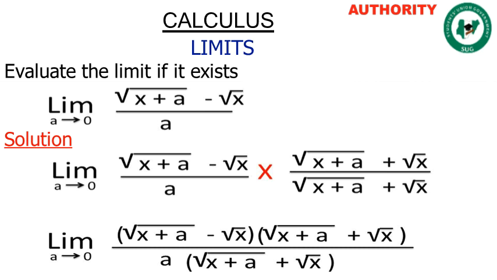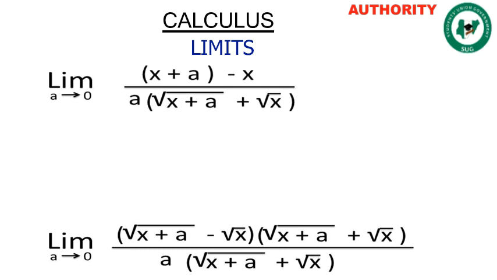Do you see this? Good. Now to perform the operation in the numerator, this is what we'll simply have: the limit as a approaches 0 of x plus a in brackets minus x. I know that you may not understand. For the sake of this problem, I created a video titled conjugate operation. Please watch that video so that you understand what I did here. I used a shortcut, and in that video I explained it in full.